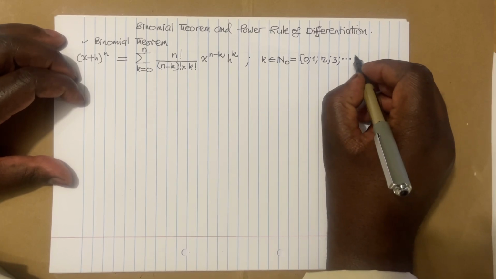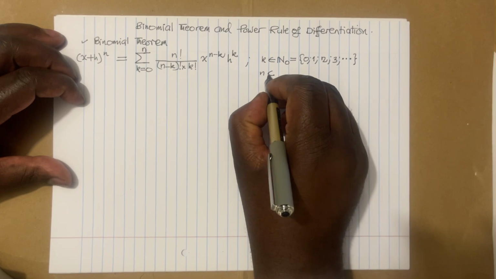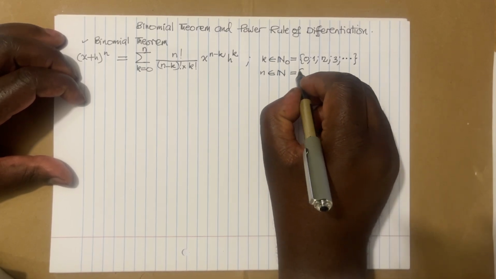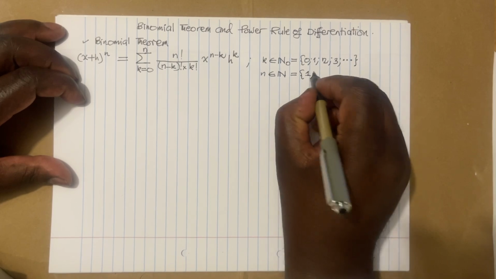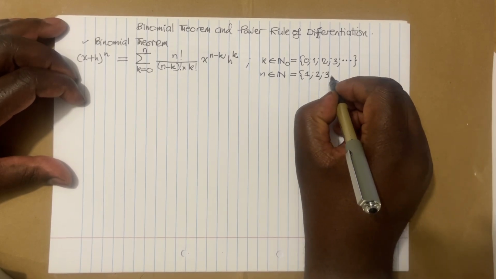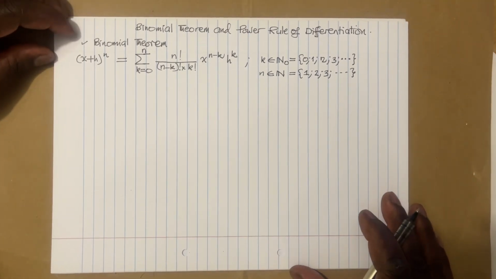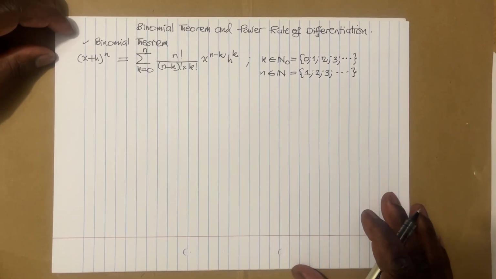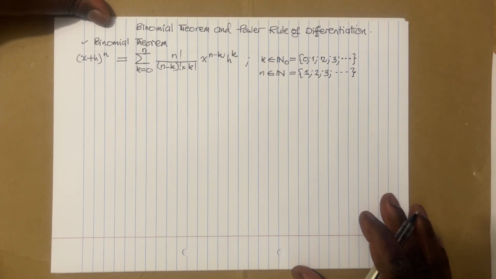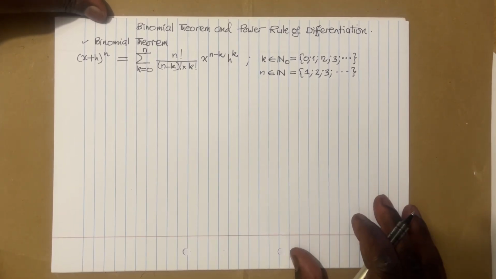And then we also have n is an element of the natural numbers, and natural numbers are positive whole numbers basically, so we're only excluding 0 there. So these are the restrictions on k and n. n is a natural number and k is a whole number, right? So that's basically what the binomial theorem says.